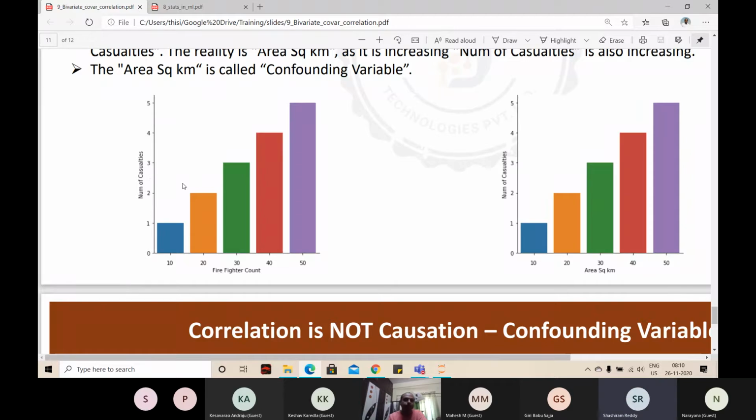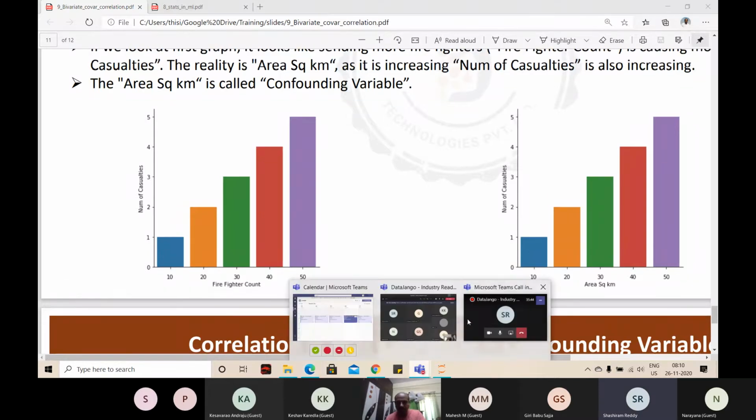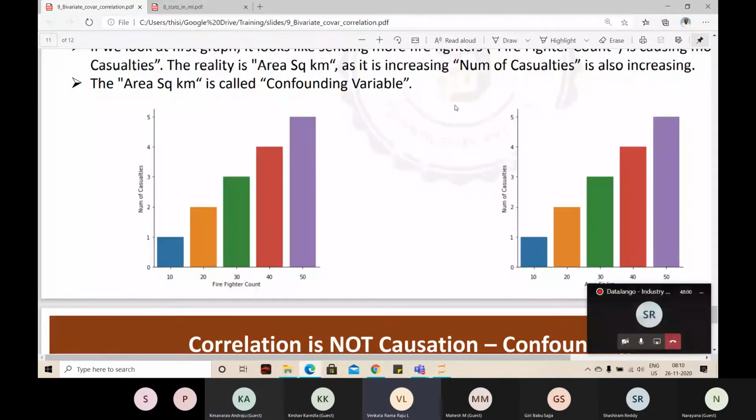Raman, there is a delay in the screen. Can you see now? Maybe I should stop the video. I changed my router, still I'm having this problem. When I raised a complaint with the fiber provider, they said your router is losing packets. So I bought a new router for 3,000 rupees and still have the same problem.